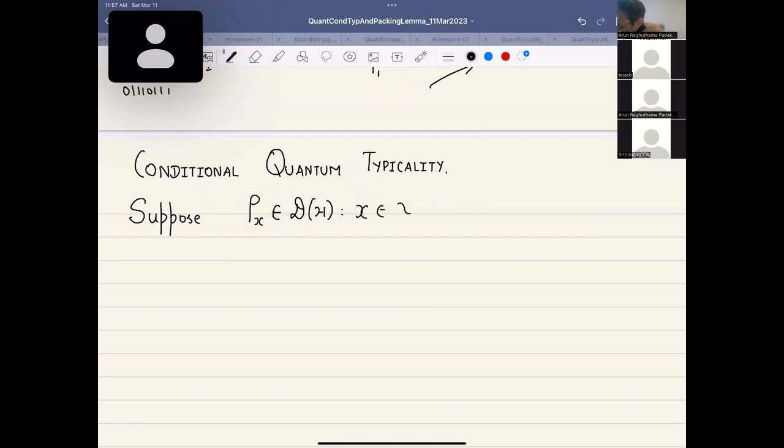So there is an index set and there is a bunch of density operators, each one with a spectral decomposition.